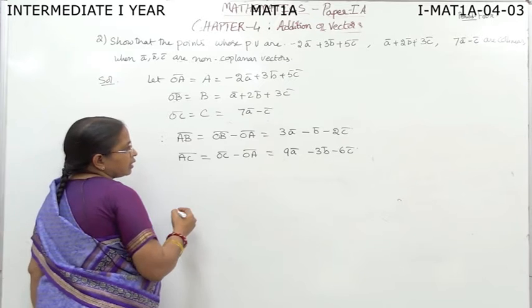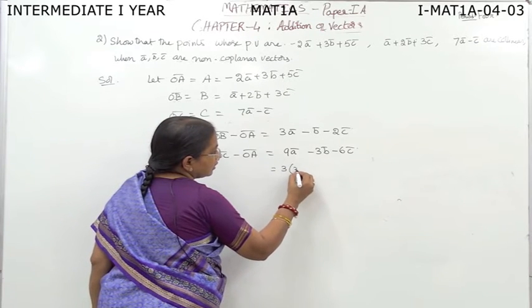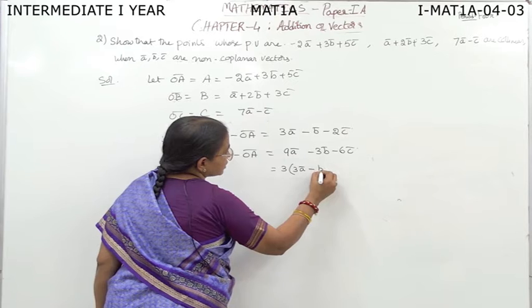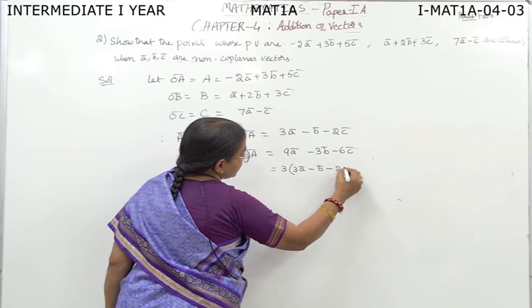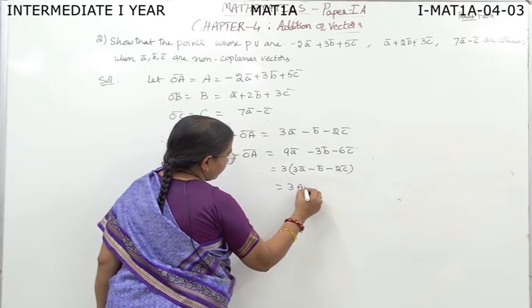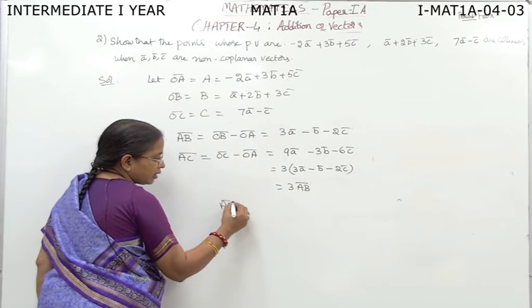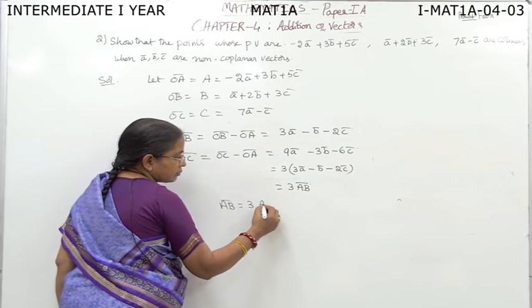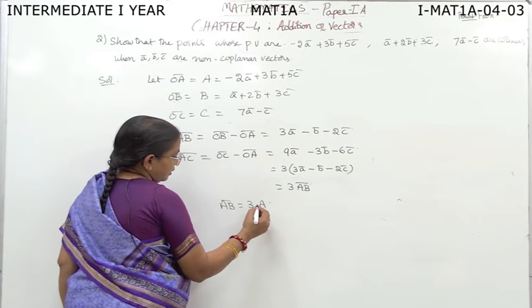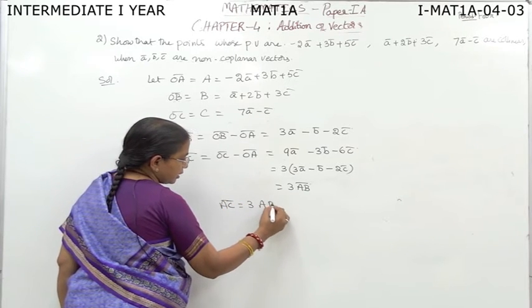Now you can write this, taking 3 common, as 3 into 3a minus b minus 2c, which is 3 times AB. So you are writing one vector, AC, as some scalar times AB: AC is equal to 3 times AB.